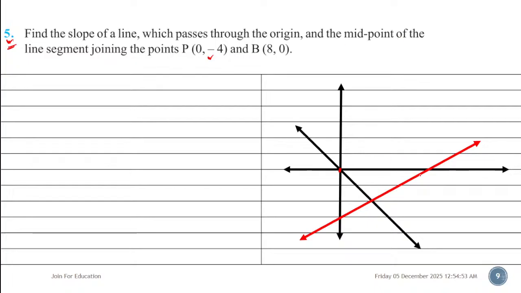The coordinates of P are (0, -4) and B is (8, 0). This is the line segment, and we need the midpoint of the line segment. When x equals 0, y equals -4, this is P. And when x equals 8, y equals 0, this is B.